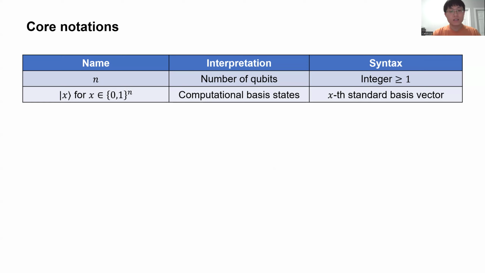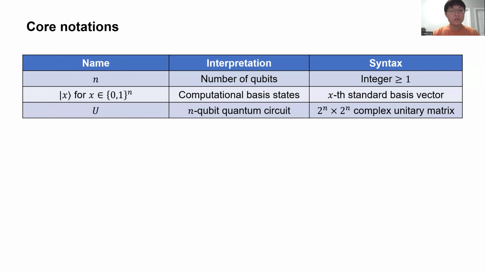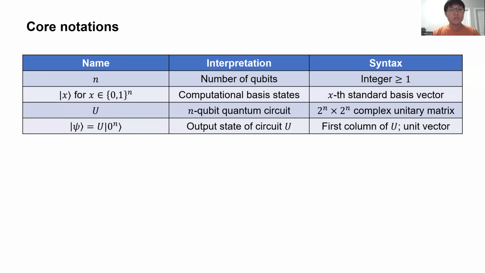So ket x is a 2^n dimensional one-hot vector. We let U denote an n-qubit quantum circuit, which can be represented by a 2^n by 2^n complex matrix. We use ket psi to denote the result of multiplying the matrix U to the first standard basis vector, which just returns the first column of U, and that's it.